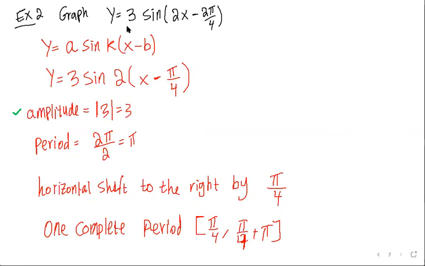Now we're ready for graphing. So first, to graph these, we have to hide the shifting. Put your hand here and hide it, like there is nothing here. Graph the function like this.